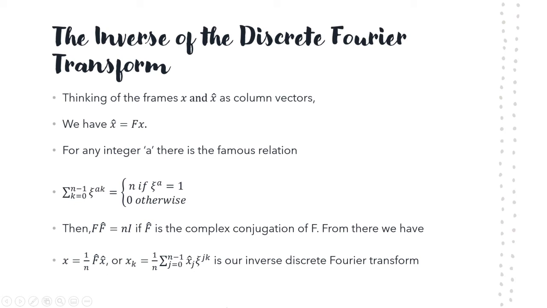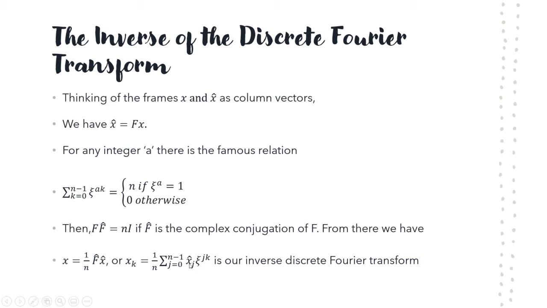Remember that we said that we're going to use the discrete Fourier transform to reconstruct the image. So now we have x equals 1 over n f hat x hat, which is kind of similar to the discrete Fourier transform, but this is the inverse because it has the 1 over n and it doesn't have the minus j here.